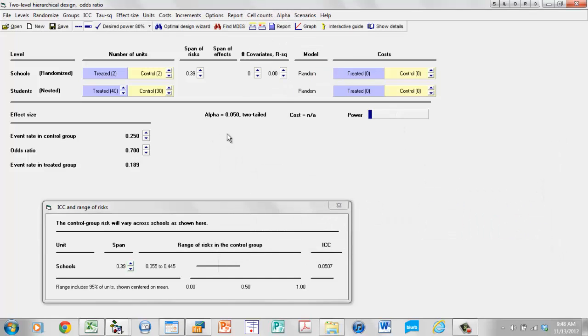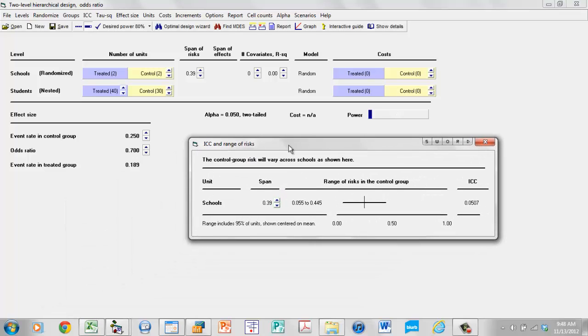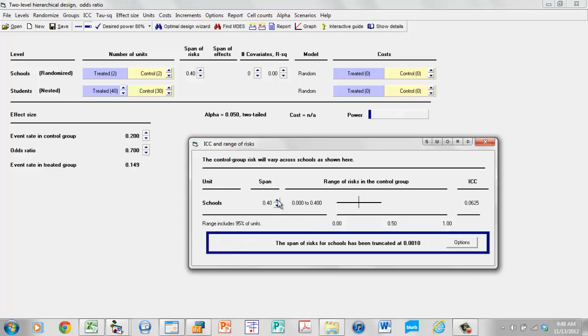Let's turn that off. So that the mean prevalence, let's say, is 0.2, but we also have a span that is wide enough so that in some of the schools, the expected risk is going to approach 0.